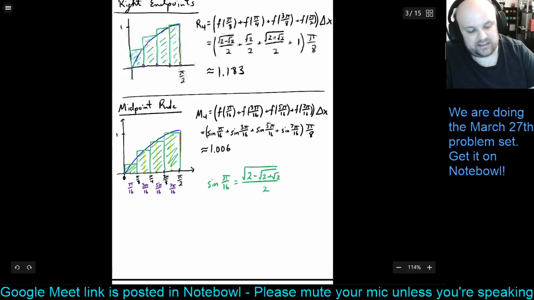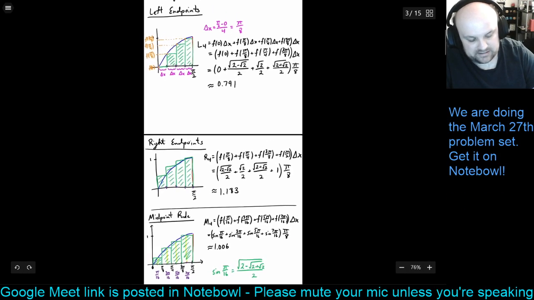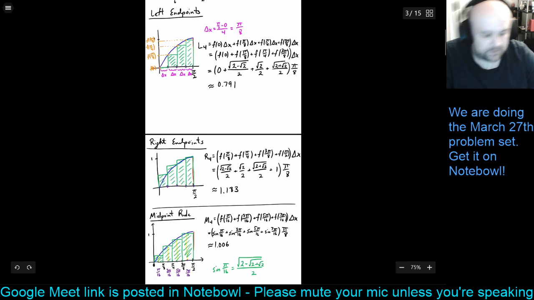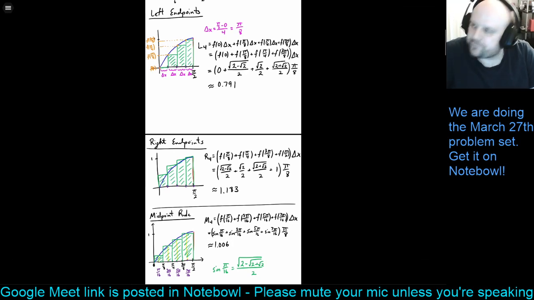I talked about this in one of the lecture videos, but out of these three ways of estimating the area, those of you who are watching, which one do you think does the best job? Yeah, it's definitely the midpoint rule.